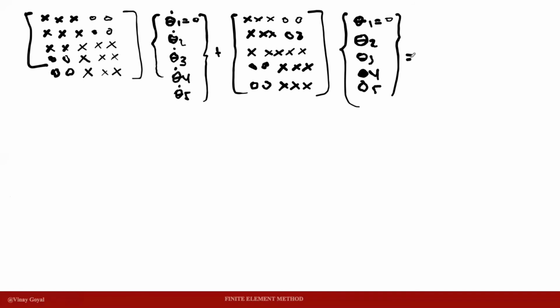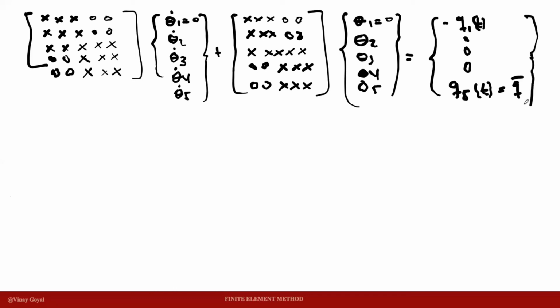And in my forcing vector, we have minus Q1 at t, 0, 0, 0, and Q5 at t is equal to Q bar, right? That's what we said.